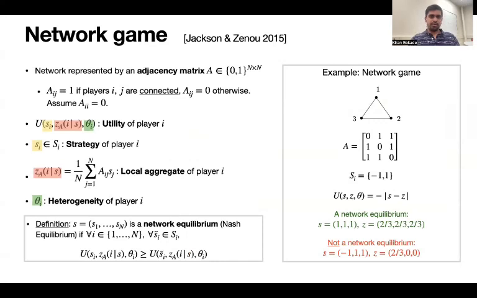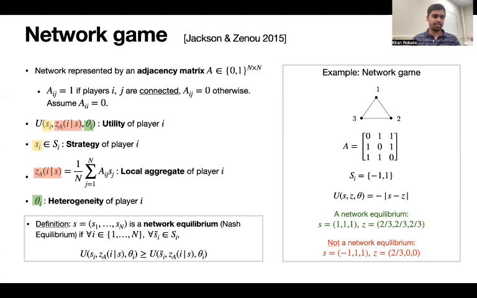So let me give you a mathematical model of a network game. A network game consists of a network that is represented by an adjacency matrix. The adjacency matrix is a 0-1 matrix where a 1 in position ij means that players i and j are connected, whereas 0 means that players i and j are not connected. The game consists of a utility function u, which takes 3 arguments.